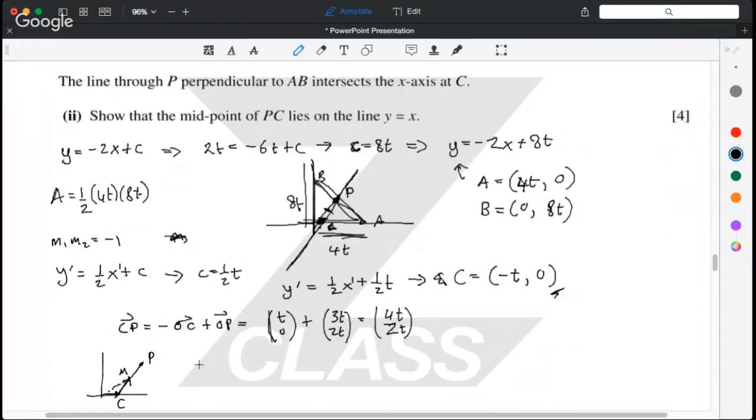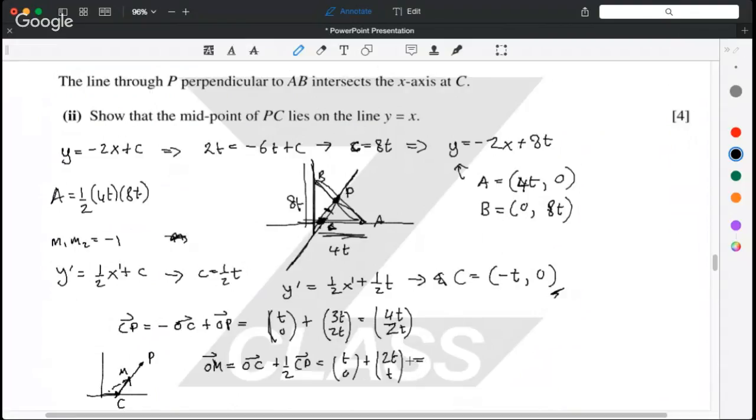So the point M, or the line from O, the origin, to M, is given by going to C first and then going halfway up the line from C to P. Well, that's just (t, 0) plus (2t, t). No problem.